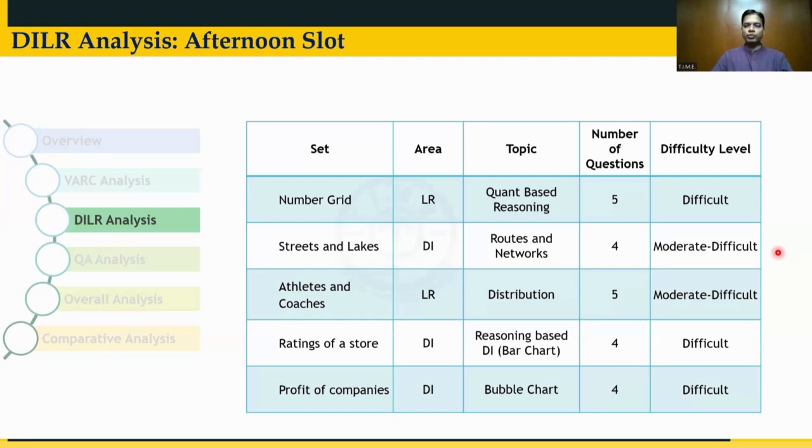And then we have another set on streets and lakes inside a township. It was a rectangular grid of streets, and you had to move around on that along the streets, and find the minimum distance or the maximum distance people can cover. So that kind of question, it was moderate to difficult. In fact, it was probably one of the more doable sets in this paper today.